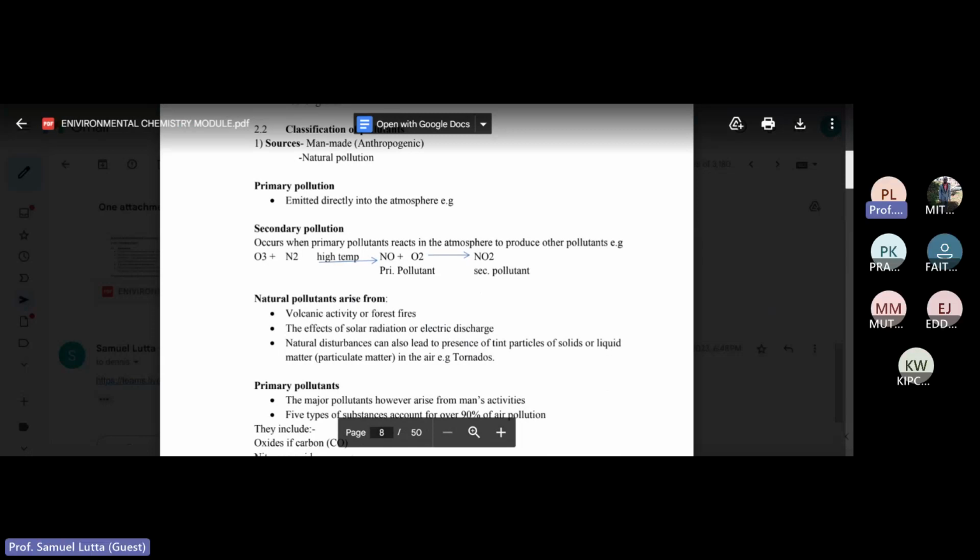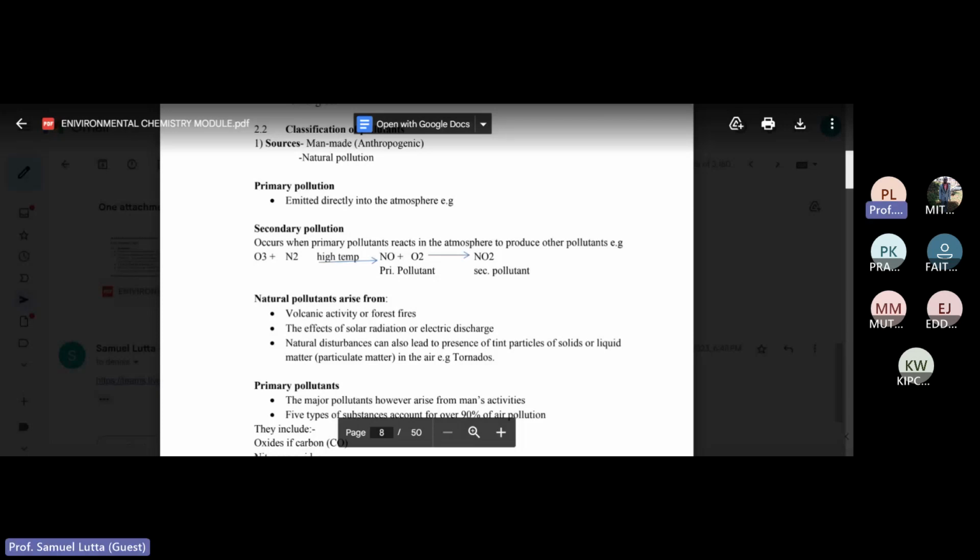So then we talked about primary pollution and secondary pollution. For primary pollution, we say they enter directly into the atmosphere. For secondary pollution, the pollutants get into the atmosphere and react with some chemicals in the atmosphere to produce another pollutant.